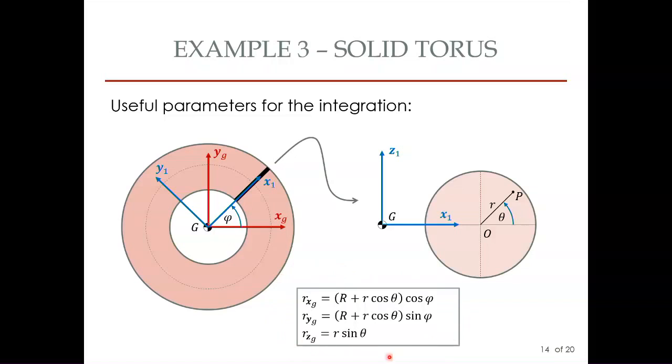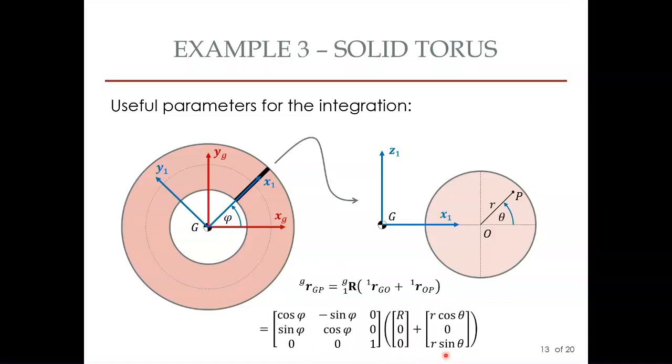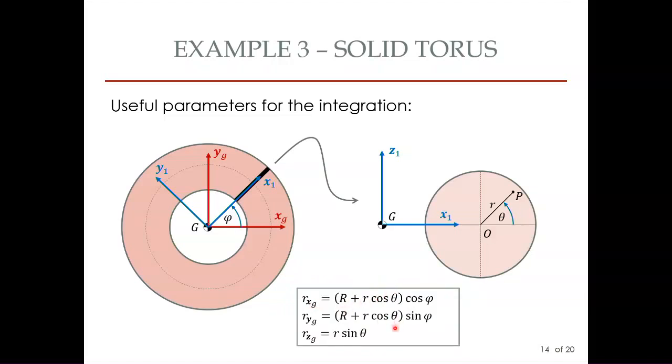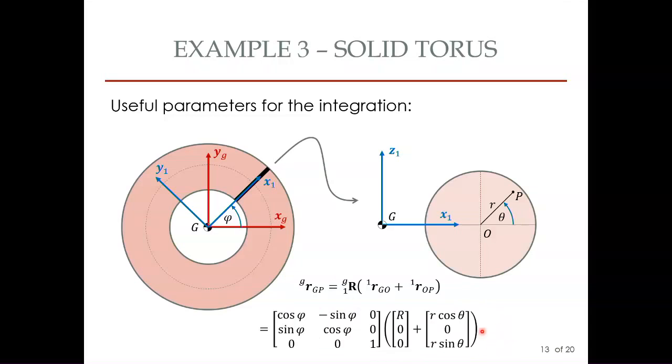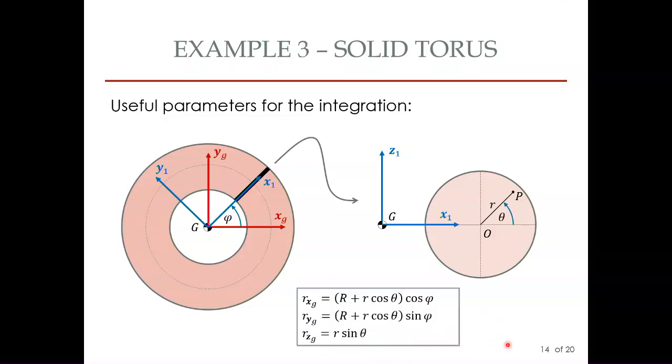This is the result. So Rxg, Ryg, Rzg are the coordinates of this GP vector along the red frame G. Okay, these are the coordinates, and they come from this calculation. If you just carry it through fully, this is the result. Okay, so this is essentially my transformation.